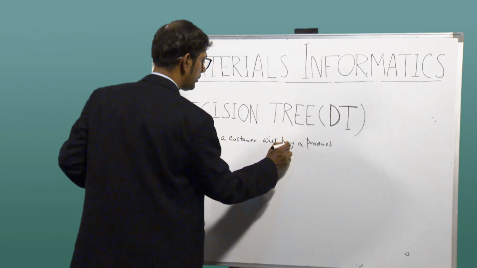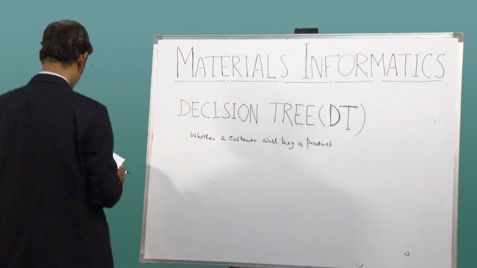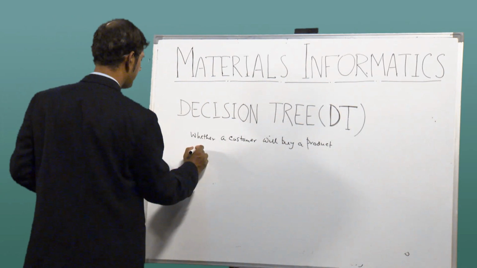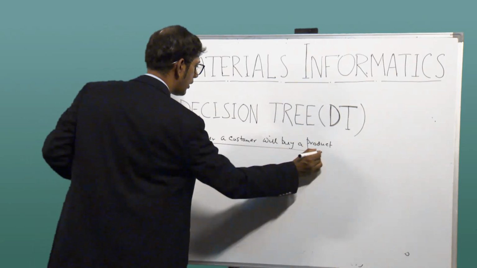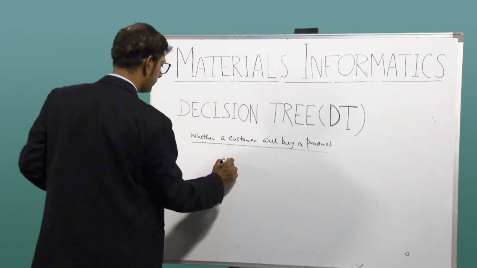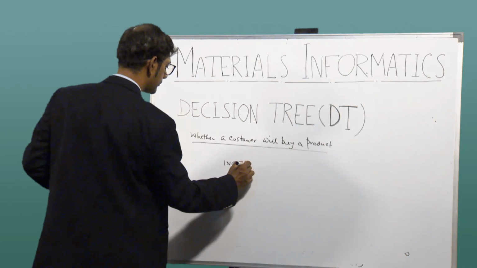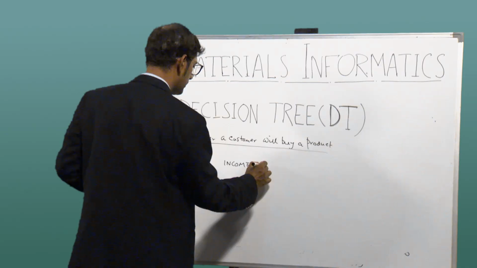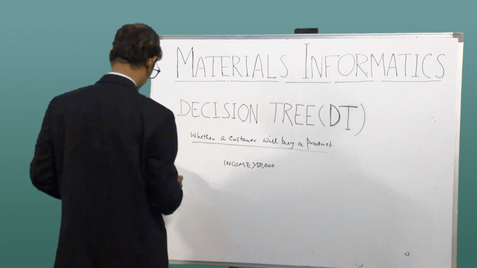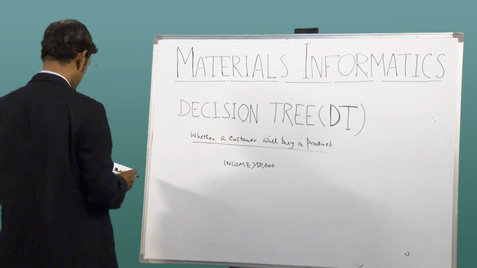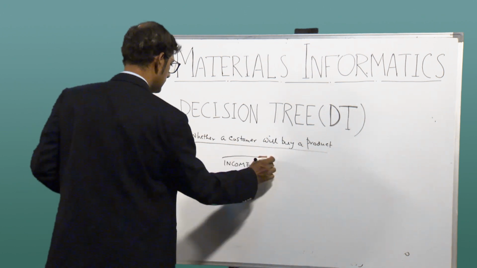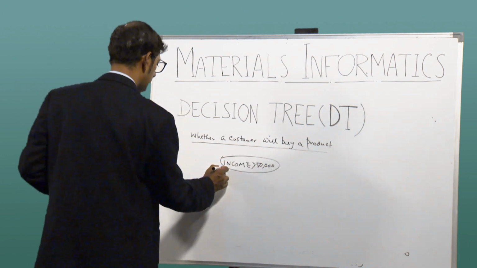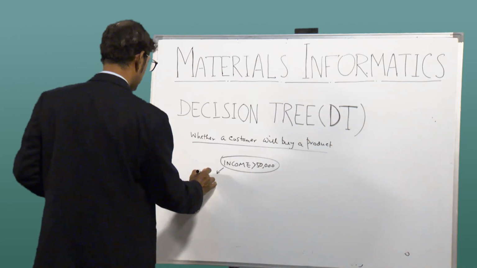Okay, let us do that. So, first, this is my objective: if the income of the customer is more than 50,000 rupees, correct, if this is the case, then the answer is yes.